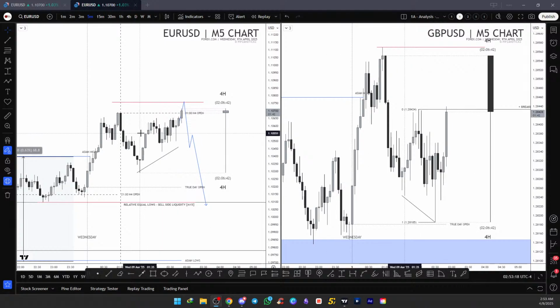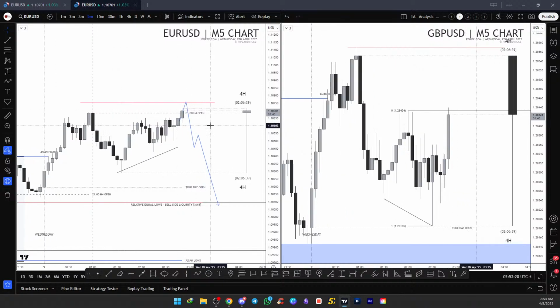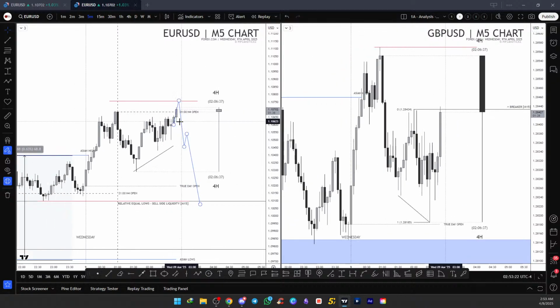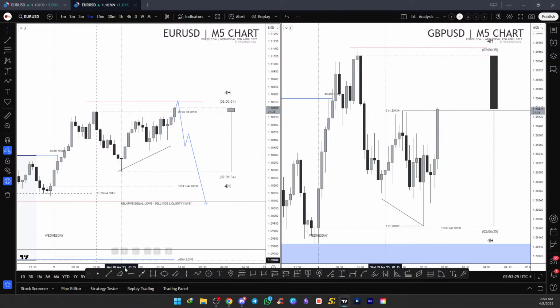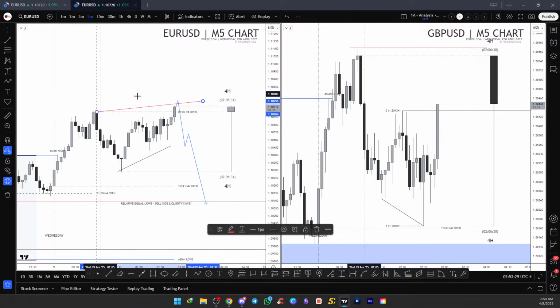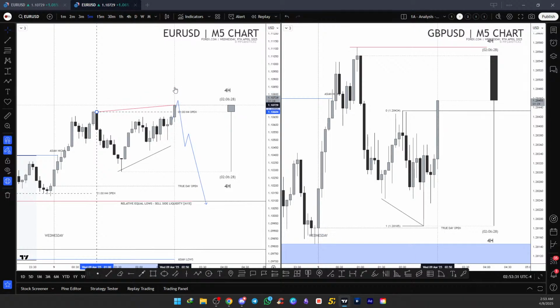Okay, we have got the range now. So all we need to see is a change in state of delivery. We have the SMT at the moment, SMT at the highs, SMT between EU and GU.